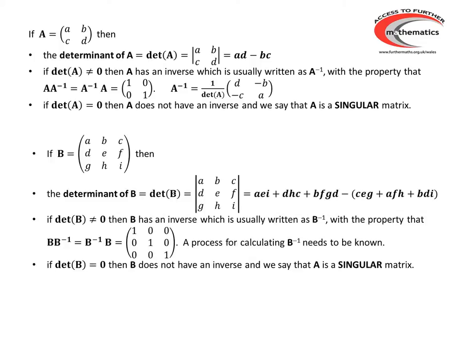And then there are similar ideas that we need to be familiar with for the 3x3 matrices. And finally, we need to know that we can use inverse matrices when dealing with equations involving matrices.